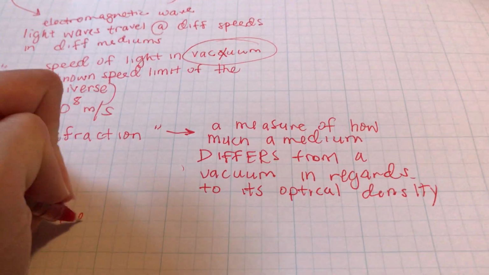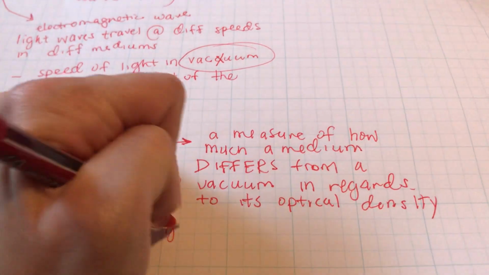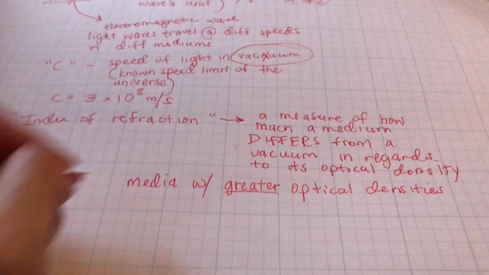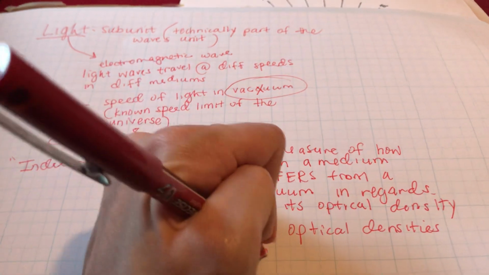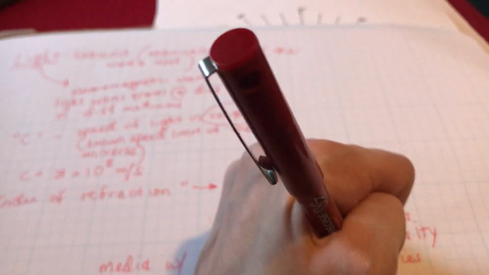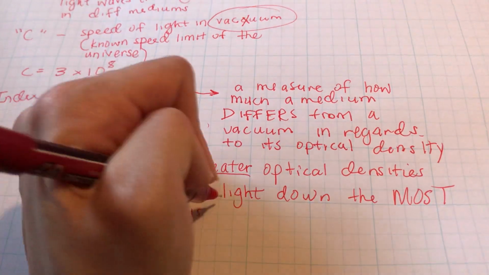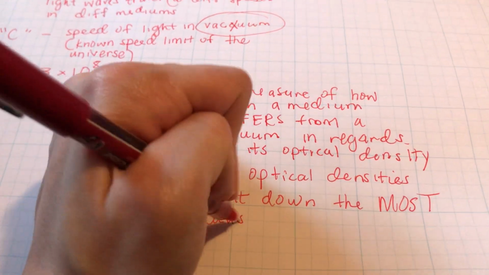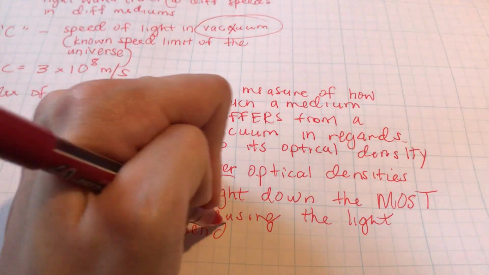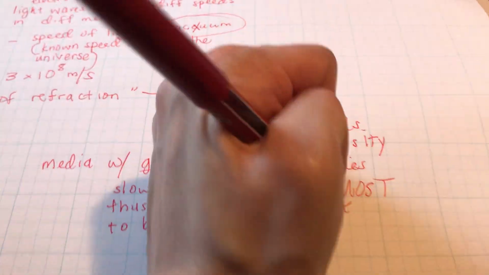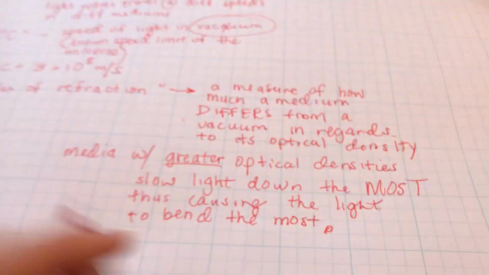Okay, so media with greater optical densities slow light down the most, thus causing the light to bend the most, coming from an optically light medium. Okay, I'm just going to leave it at that for now.